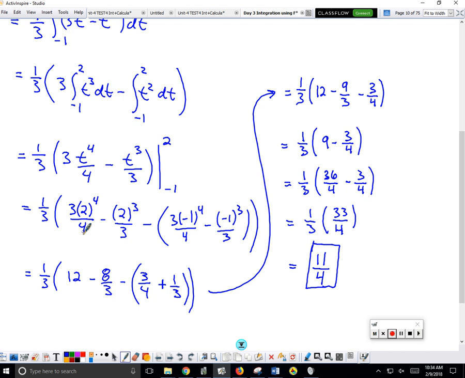I'm looking to add these two first and these two first. And it worked out because here, this becomes negative 1/3. Negative 1/3 plus negative 8/3 is negative 9/3. That's actually just negative 3. 12 minus 3 is 9. So that was a lot easier. We just finished the arithmetic.